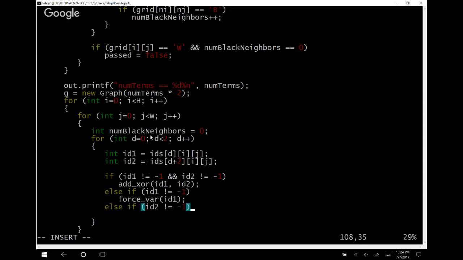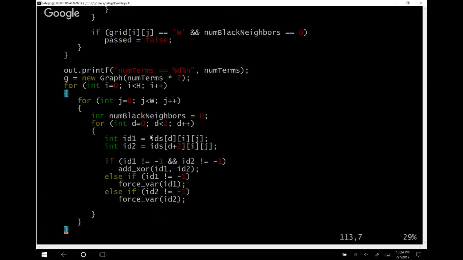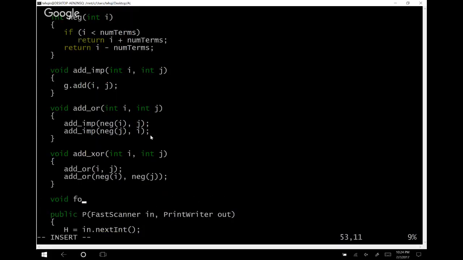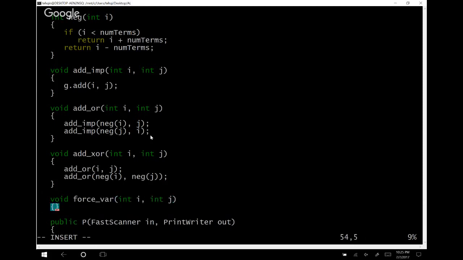I'll actually do a force variable. I'll write an extra function called force variable. I could do this as add or, but it would add 2 of the same edges.